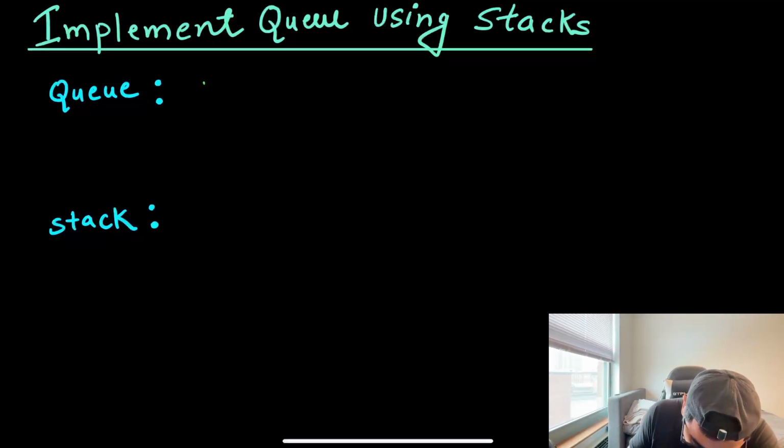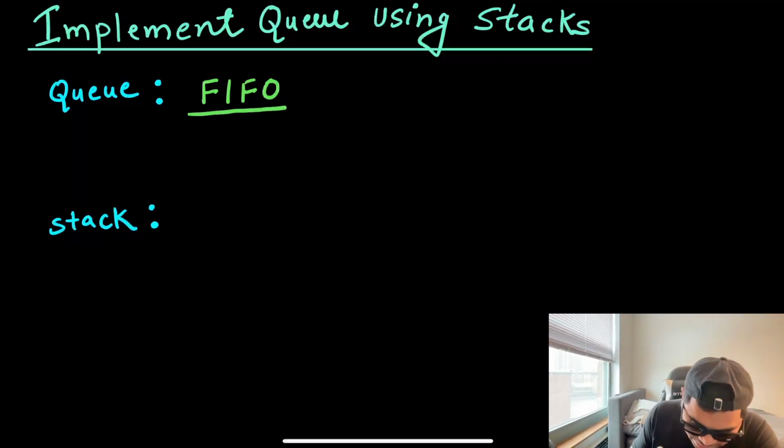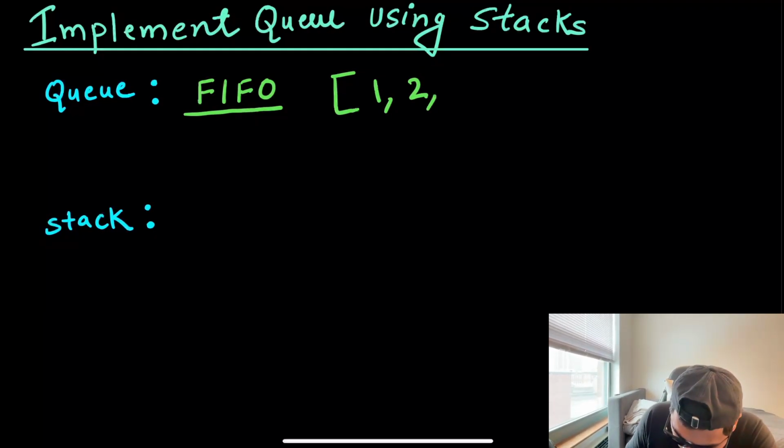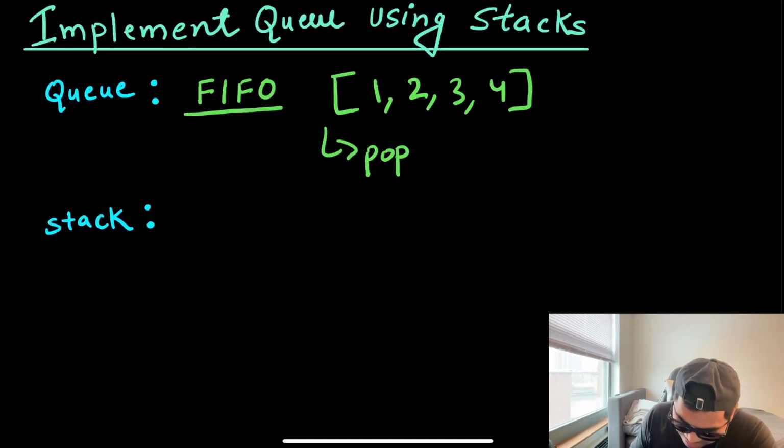Queue is a FIFO data structure. What does that mean? That is first in, first out. Let's say this is my queue, which is 1, 2, 3, and 4, and I need to pop something out, that means I need to get an element from the queue.